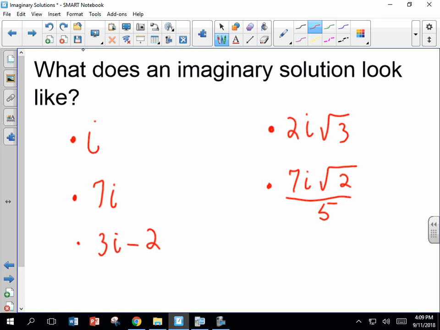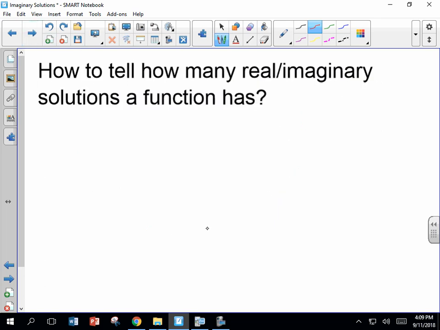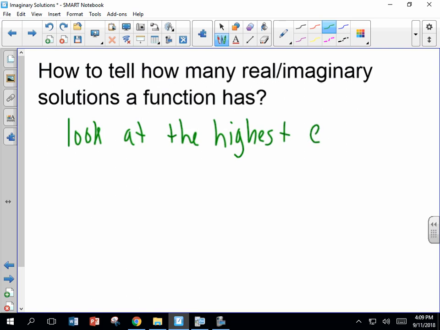Okay. So, how to tell how many real or imaginary solutions a function has. In order to tell that, you need to look at the highest exponent of a function.